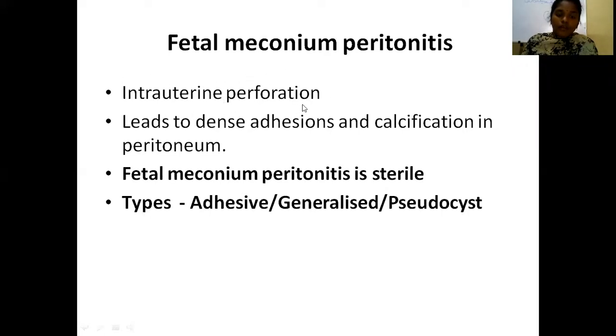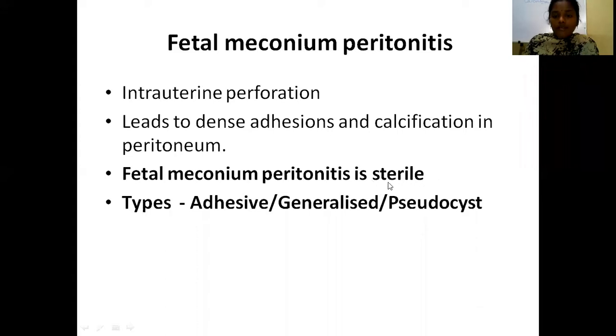This intrauterine perforation causes meconium peritonitis, leading to dense adhesions and calcifications in the peritoneum. The important point about fetal meconium peritonitis is that it is a sterile condition. It's not infective.